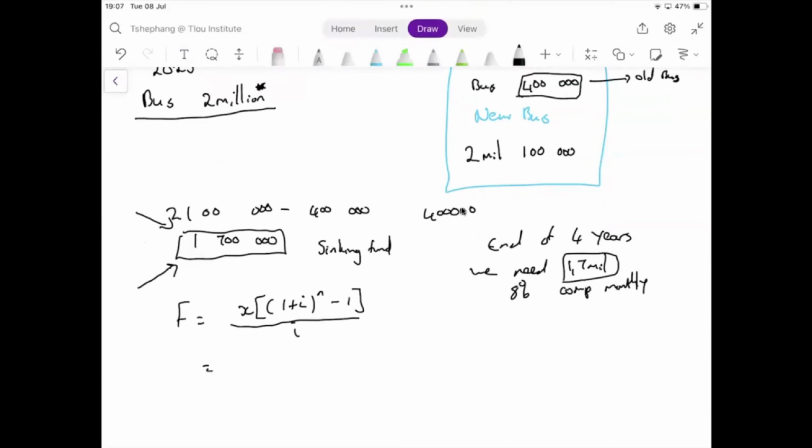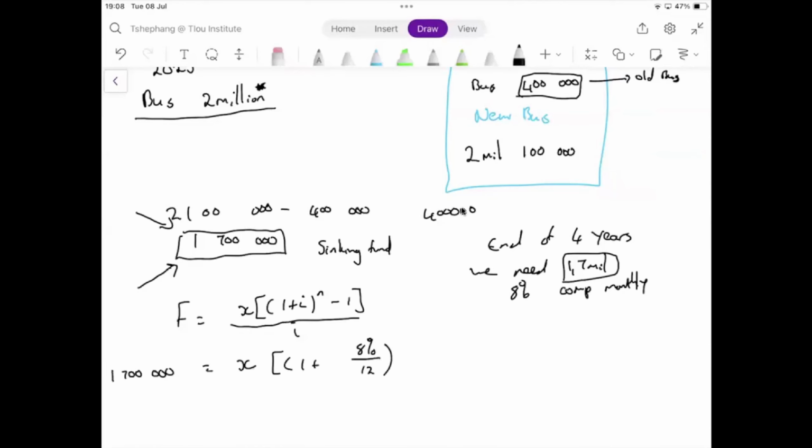Our F is going to be how much? 1,700,000. X is how much? That's what we want to find. One plus the interest rate, which is how much? Let's say it's 8% compounded monthly.